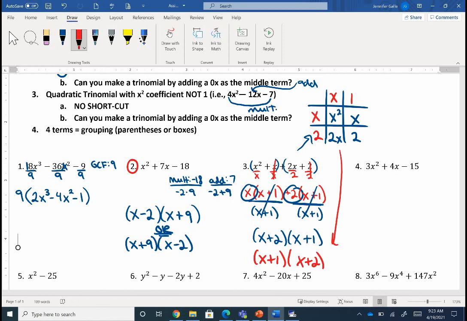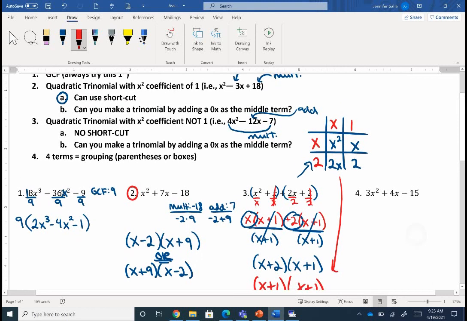I have a 3, 4, and 15. There's nothing common there. X squared, x, and no x. Nothing common there. What's the one called that you did for number 2? That's our quadratic trinomial with the x squared coefficient of 1. So in number 4, we don't have a GCF that'll work.